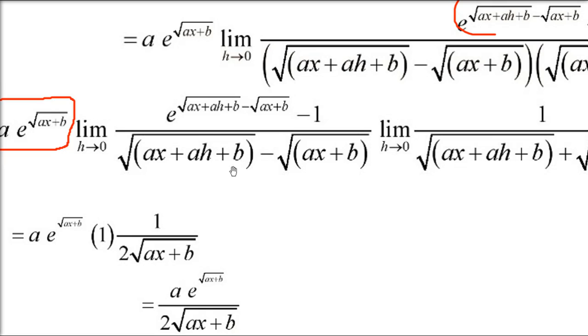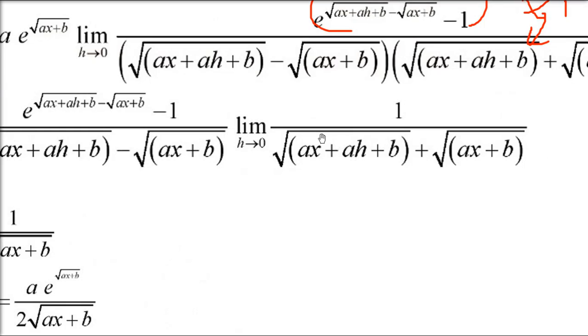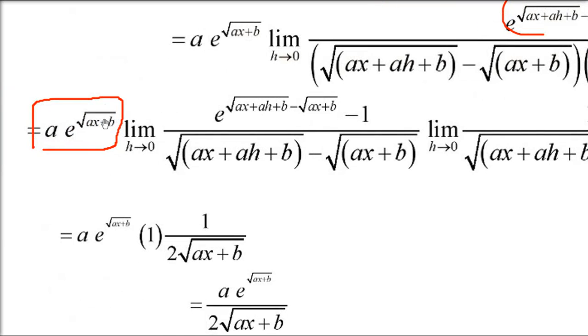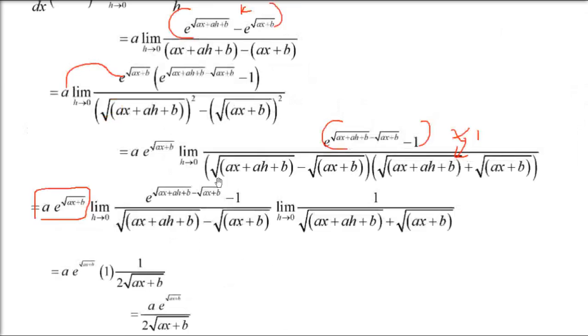So limit h tends to 0, this is going to be 1, same as previous question. Here 1 by, now limit h tends to 0, this is 0. So under root ax plus b, under root ax plus b, because h is 0 we are putting. So we have 1 by 2 under root ax plus b. So e under root ax plus b divided by 2 under root ax plus b.